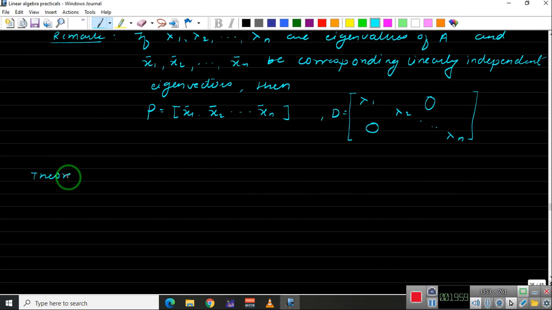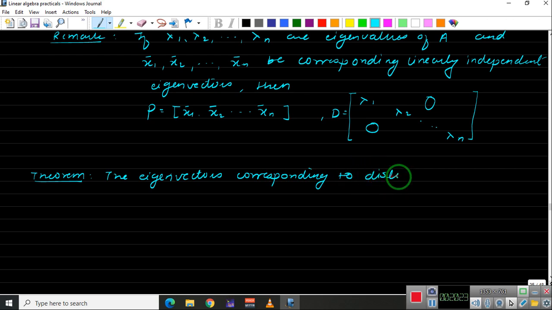Theorem: the eigenvectors corresponding to distinct eigenvalues are linearly independent.